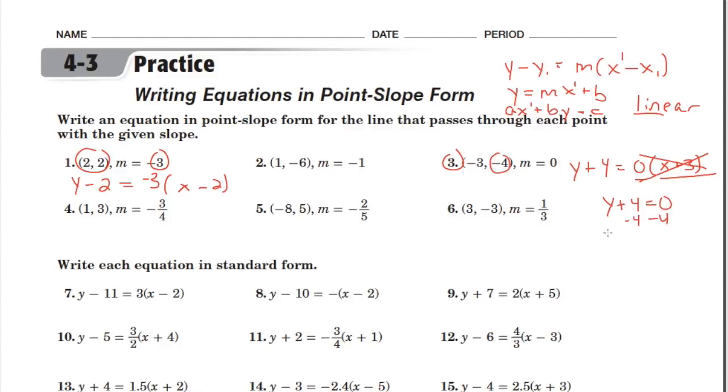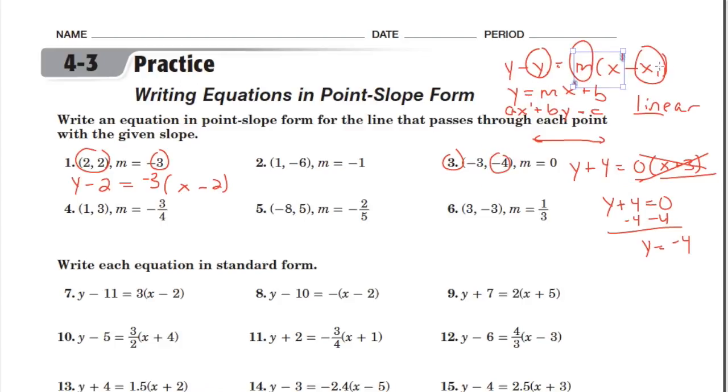And when we subtract 4 from both sides, we get that y equals -4, which in fact it is right here, a horizontal line at -4 with a 0 slope. Okay, please do 1 through 6, substituting in that y1 value and x1 value, and of course the m value, the slope.